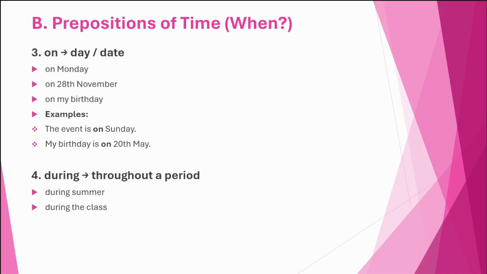Or during the class, that is, something occurred for the entire period of class. For example, no phones allowed during exams, that is, while the exam is ongoing, the usage of phones is not allowed.